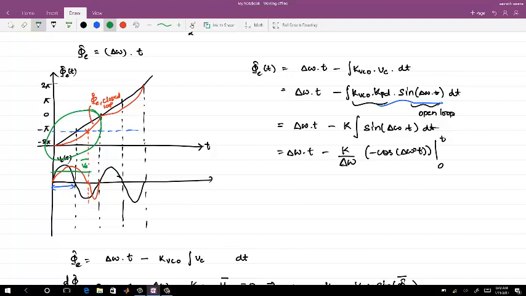If it doesn't get it in one, it will never get it in this case. From time instant t equals 0, when it starts locking in, if the delta omega is within a certain range, it will develop that control voltage in one cycle, where the phase error accumulates to 2 pi.